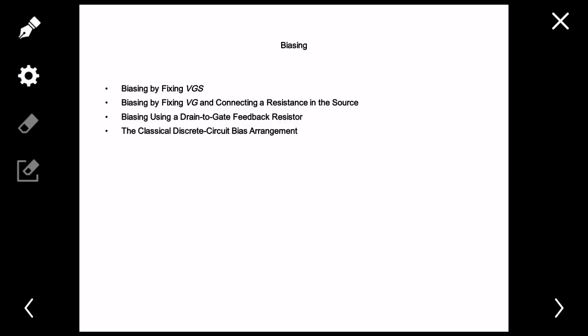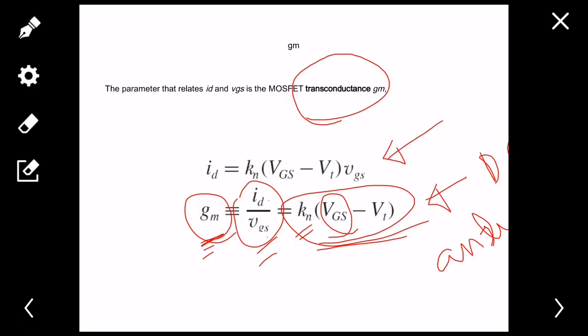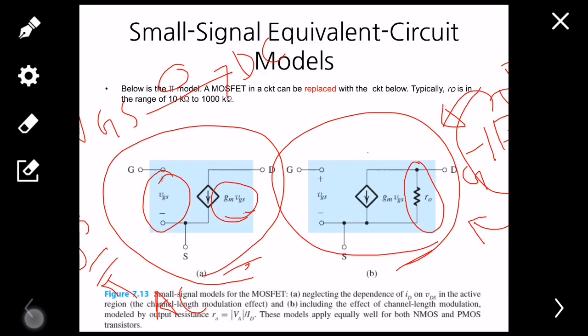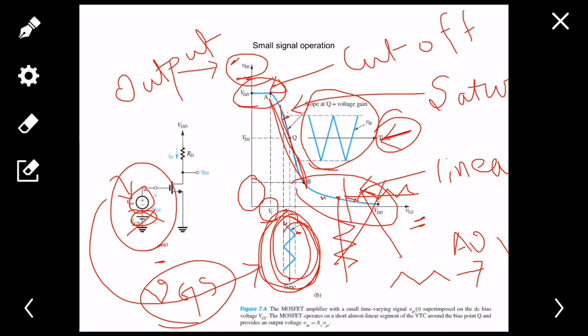So there are some biasing schemes. Let's talk about some biasing schemes. First of all, biasing by fixing VGS. So what does this mean? By biasing, what I mean is something like this. You recall that I have put AC plus DC. This DC is my biasing.